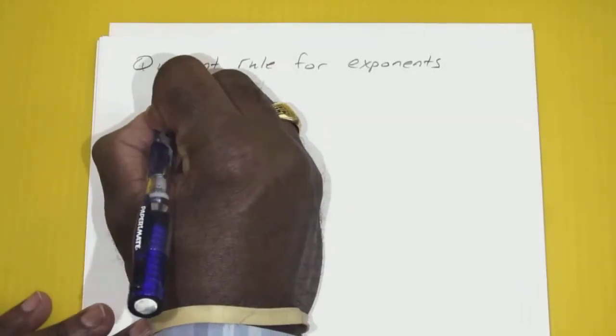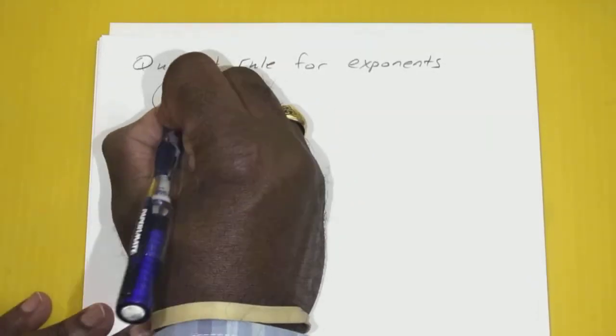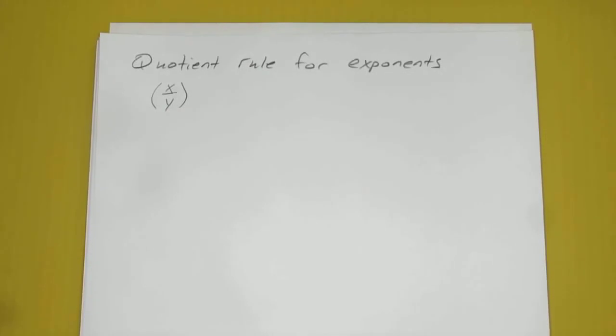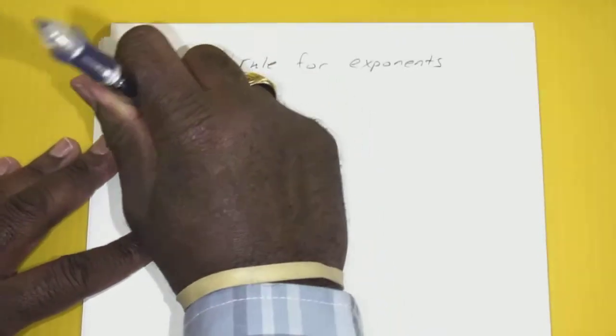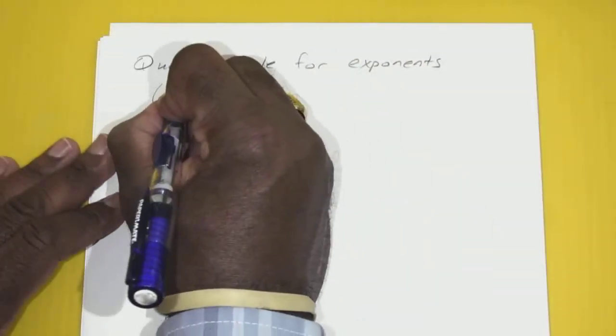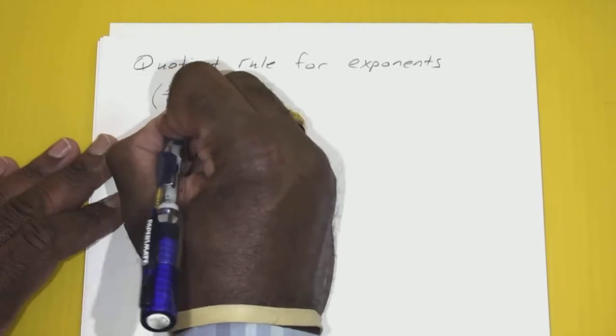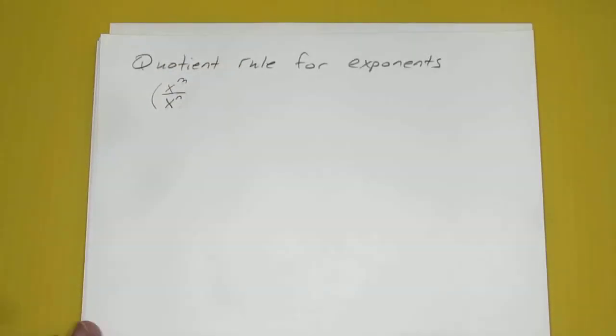So let's say if you have x over y instead of, not x over y, x over, let's say x to the m over x to the n. There we go. And you don't really need the parentheses.